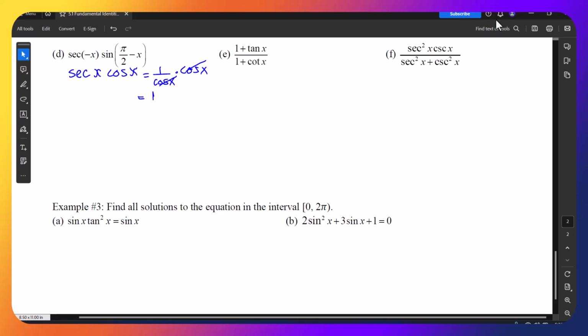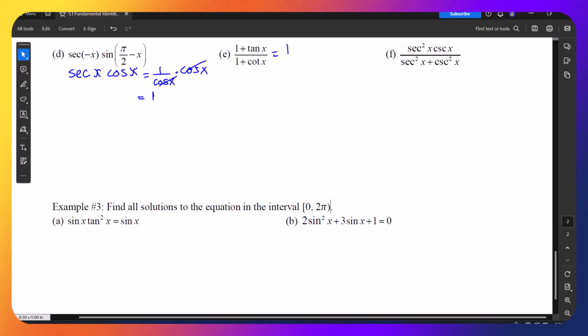This next problem, letter E, is a little more challenging. But if you do hit a dead end and you're not really sure what approach to take, you can always convert everything to sine and cosine and see if it works. So for this problem, I see 1 plus tangent of x divided by 1 plus cotangent of x. And I do know tan and cotan are reciprocals of each other.